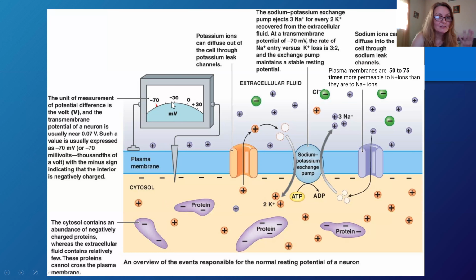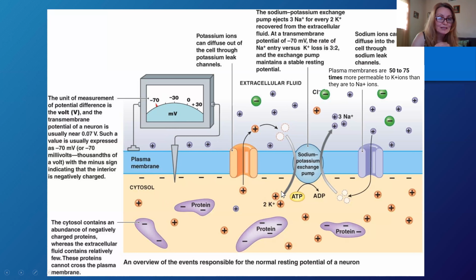If you measure it, it will give you minus 50 to minus 100, in this example minus 70. And the minus just tells you that the cell is more negative inside. Another thing you want to remember is that your cell is a salty banana: a higher concentration of sodium in the extracellular fluid and a higher concentration of potassium in the cytosol.